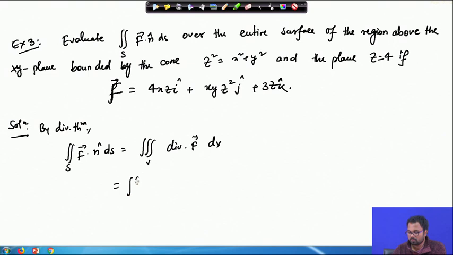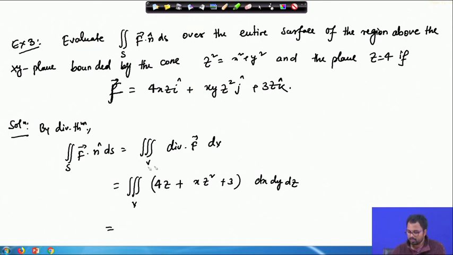If we take the divergence here, this will be 4z plus xz square plus 3, dx dy dz. You just have to take the divergence of this function and then you obtain this integrand.